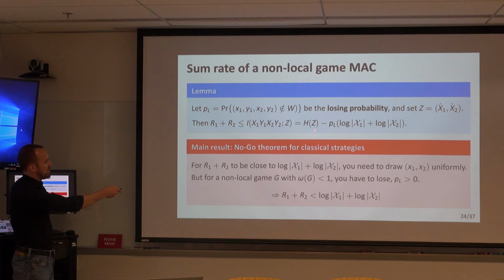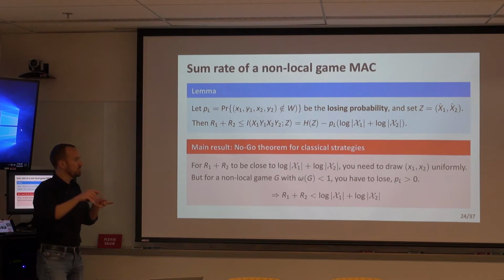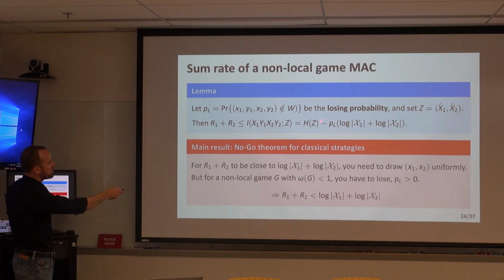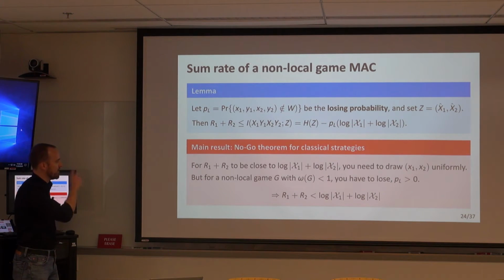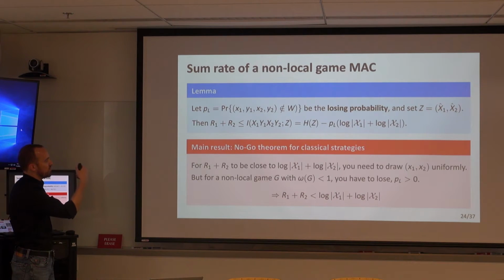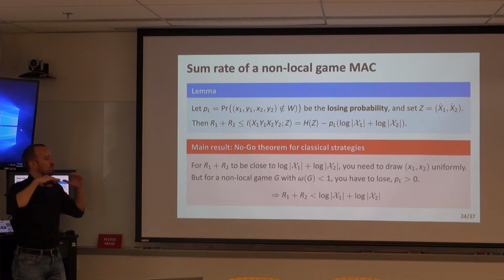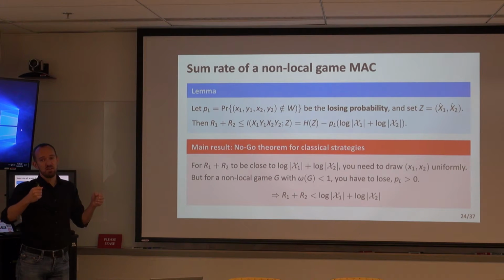So the maximal entropy in Z is the question pair. The entropy will be log |X1| plus log |X2|. So you want this to be maximal and this to be minimal, which means that the losing probability here is 0. So in order for the two senders to achieve the maximal sum rate, they need to draw the questions uniformly and then never lose.